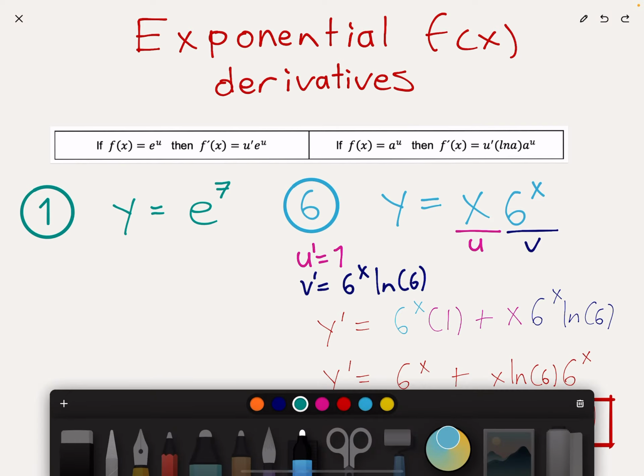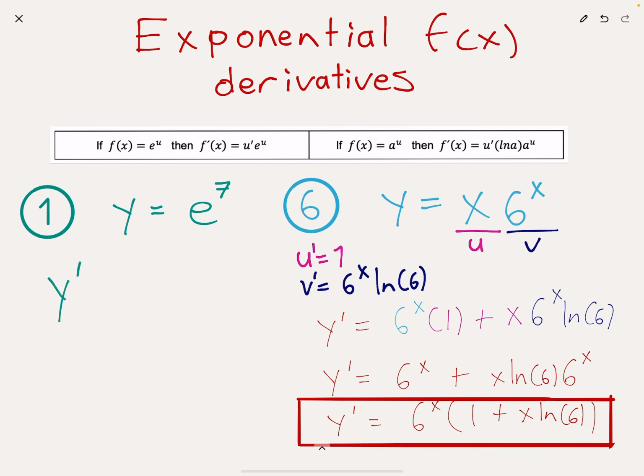Let's see. In this case, the derivative, because it's an exponential function, we always write first the exponential function exactly the same. And after this, because we're in the formula of base e, we need to multiply times the derivative of the exponent only.